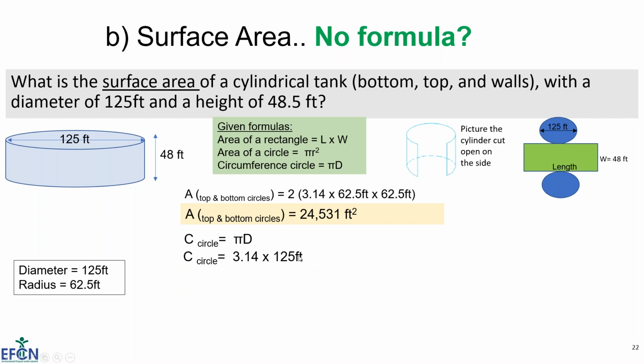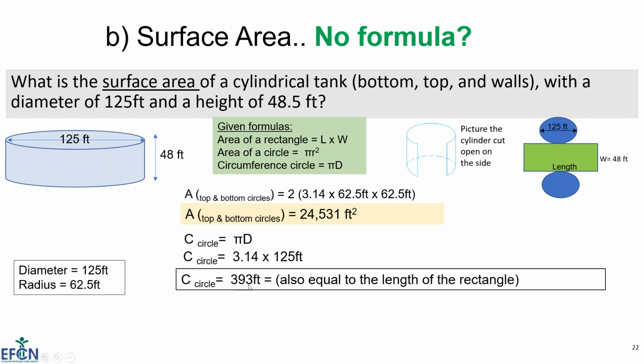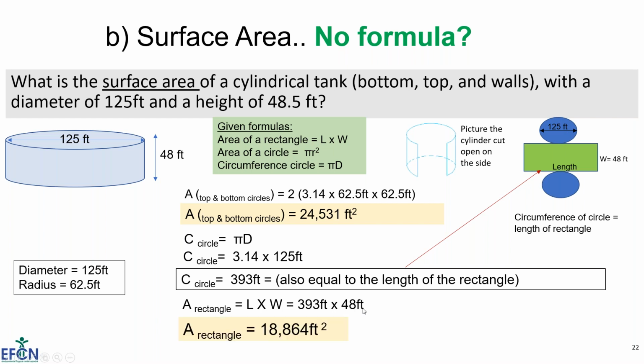Now, if you get that, 393 is the length, this is also equivalent to the length of that rectangle. So 393 feet, which is the circumference of the circle, if you open this up, is also equivalent to the length of that rectangle. So at this point, we are now dealing with a rectangle, and the area of that rectangle is length multiplied by width, which is 393 multiplied by 48, and I come up with 18,864. Now I'm not done yet.